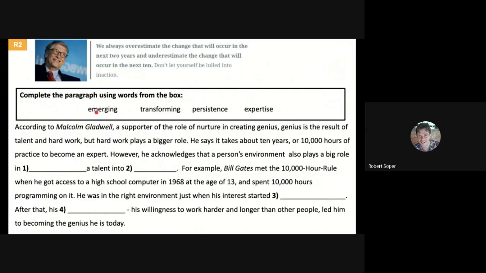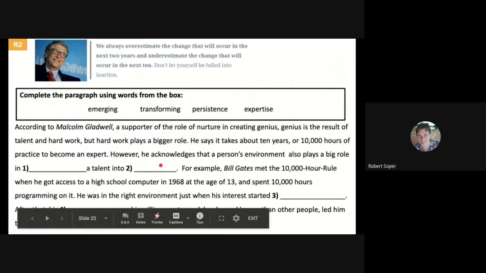The reason that's important is because if you know, for example, that a verb goes here, and you only have one verb up here, then you know it's going to be that one verb.